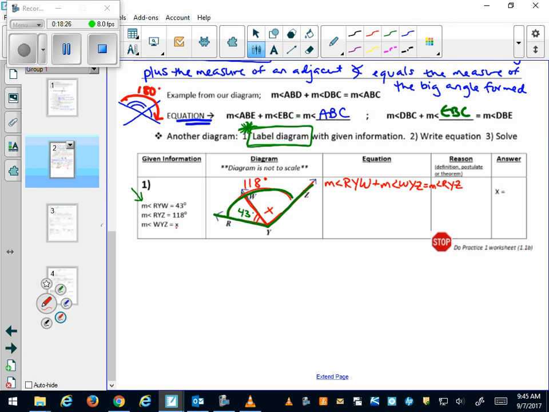So if we substitute in our given information, RYW is 43 degrees, plus WYZ is X, equals RYZ is 118. Now we can solve this algebraic equation, and we just subtract 43 from both sides. And we get 75.